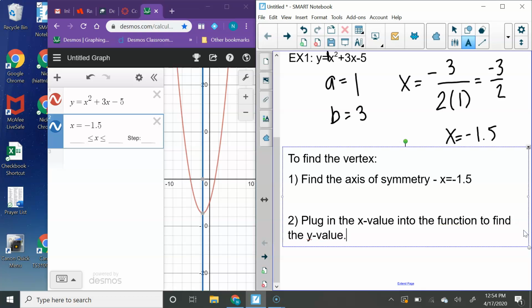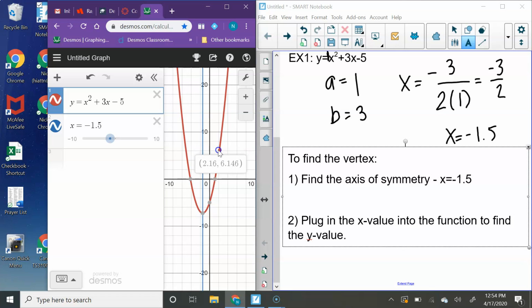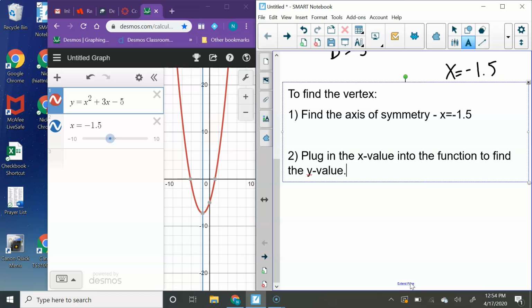So anytime we want to know any point on the graph, like if I want to know the point where x is 2, I could just plug that value into the formula. So in this particular case, I'm going to take that negative 1.5 I just found, and I'm going to plug it into the equation.